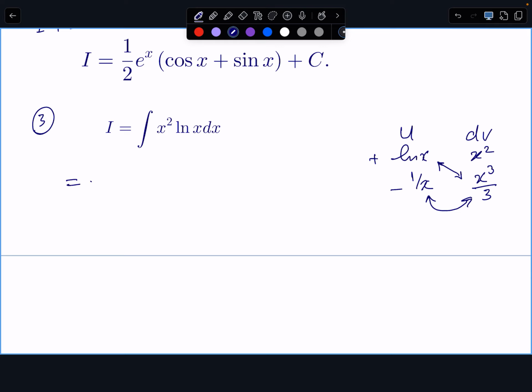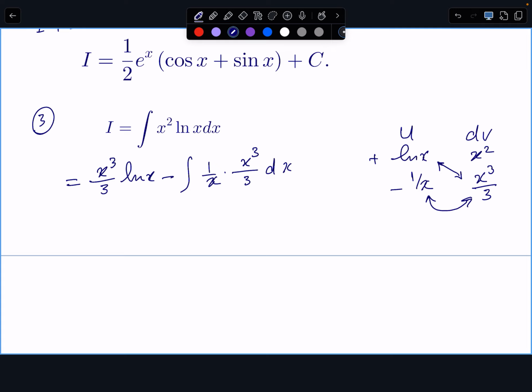So it's going to be x cubed over 3 ln of x minus 1 over x cubed over 3 dx.